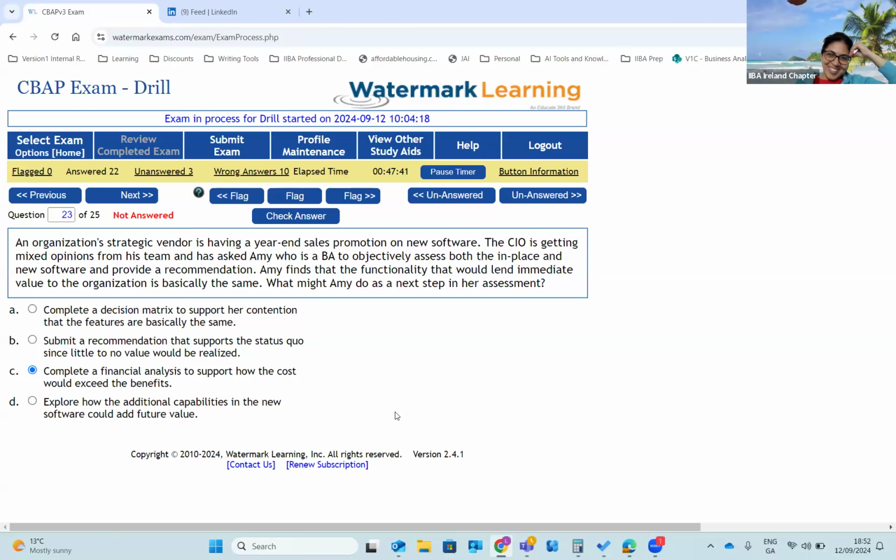I am also very inclined to C because when it is C-level executives, C-suite executives, it's always numbers. Okay, I'll check with C then.